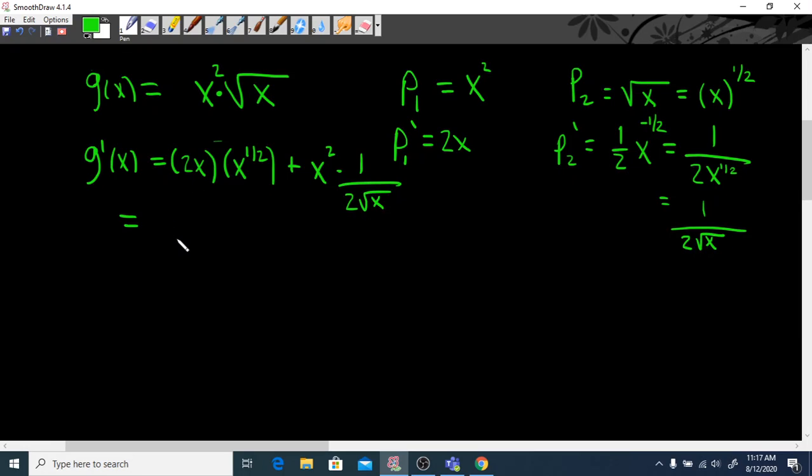And now it's just algebra time, yeah? So this is like 2x to the 1 times x to the 1/2. We can just add those exponents. And then plus, this will be x squared over 2 square root x, or x squared over 2 x to the 1/2.